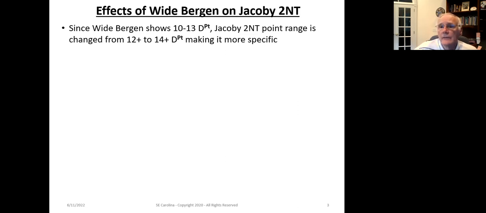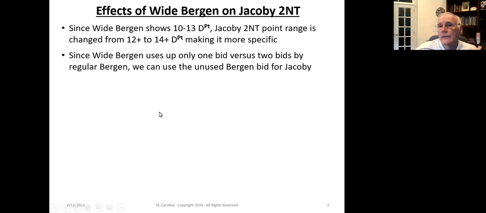What this does is allow us to use that second bid in relationship to the Jacoby convention rather than using two-no trump. This also allows us to make the Jacoby bid more specific.